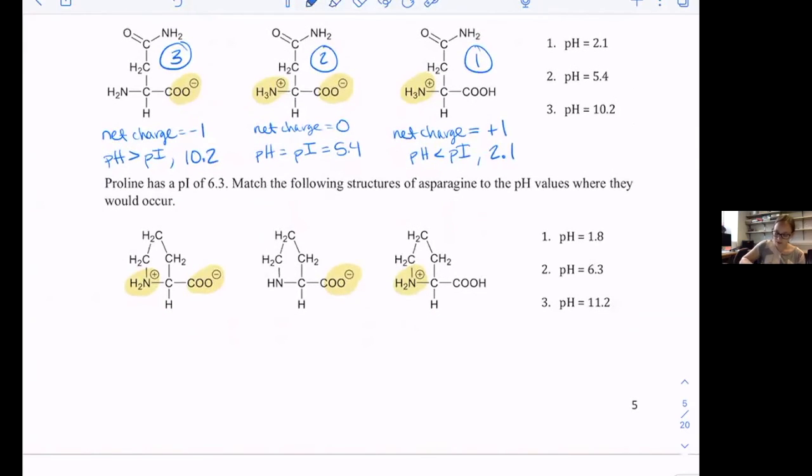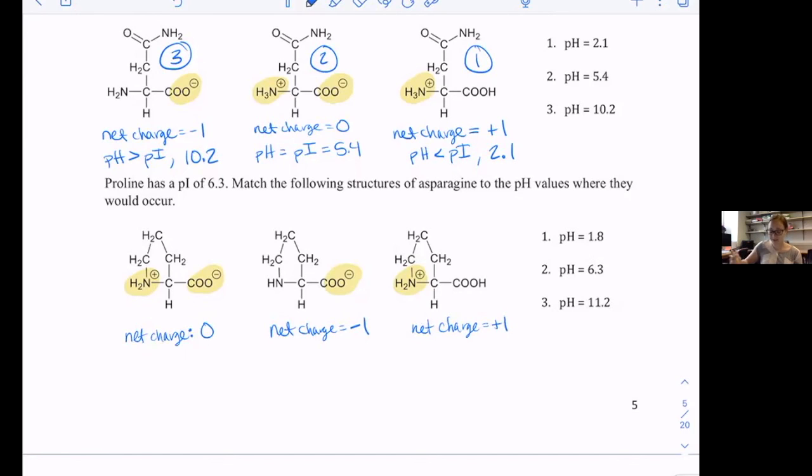Okay, so looking at this, let's go ahead and write the net charges for all. This first one, the net charge is neutral, so net charge of 0. Second one, net charge is -1. Third one, net charge is +1.